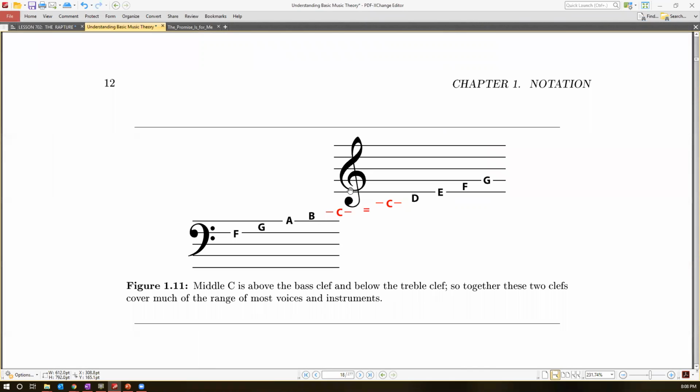So there we have something like this. That's a ledger line. The notes fall outside there, and we're going to have a note above this B, so we need to put a ledger line there.